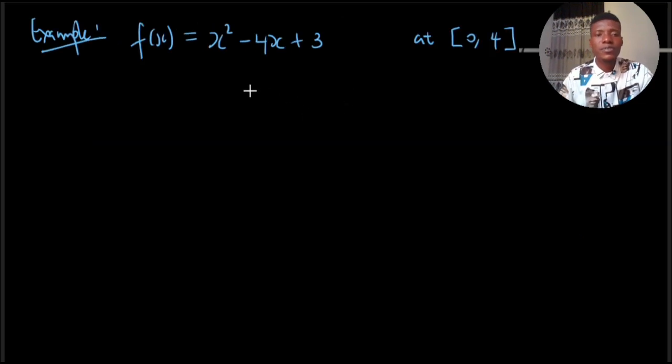Now, given this function, we are asked to check if Rolle's theorem is applicable. Can Rolle's theorem be applied? This is the function, and this is the interval. What's the first thing you check? You check if it is continuous and if it is differentiable. Do not forget, in the previous calculations under continuity, I said that every polynomial function is continuous and differentiable at every point.